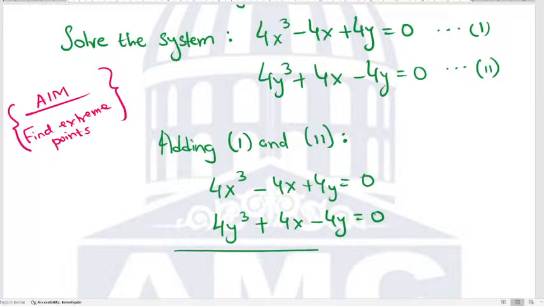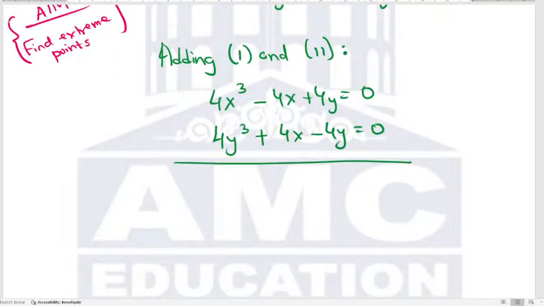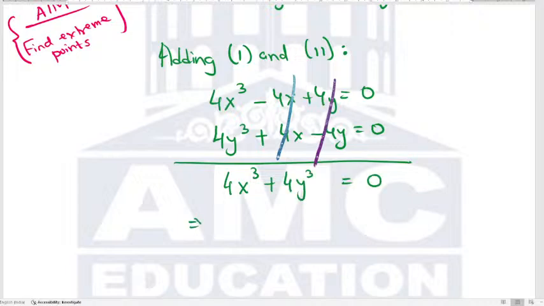The reason why I'm adding these two is because you see, very nicely, these two get cancelled out. So what we are left with is as follows. We get 4 times x cubed plus 4 times y cubed is equal to 0. So from here, we can write 4 times x cubed plus y cubed equals 0.